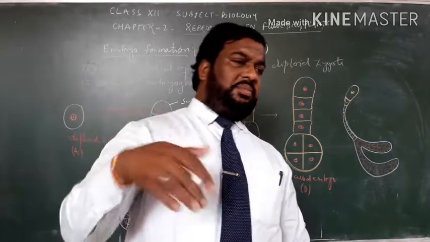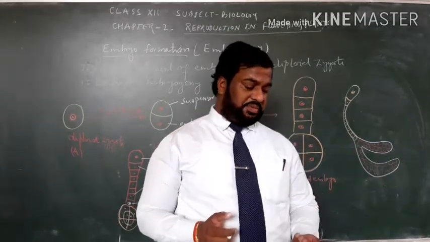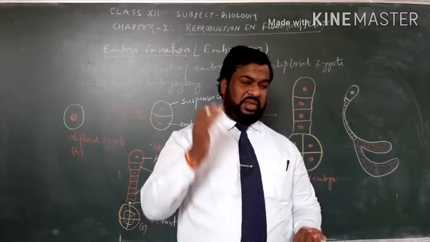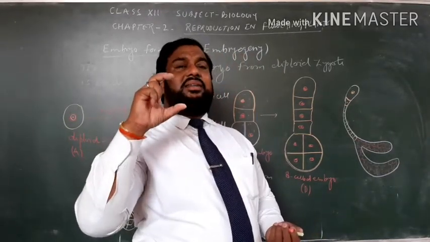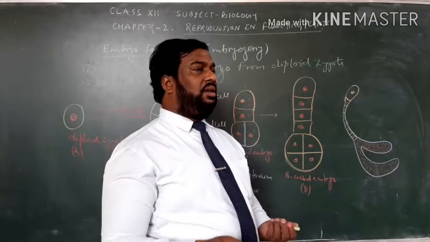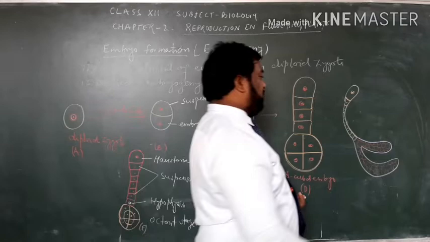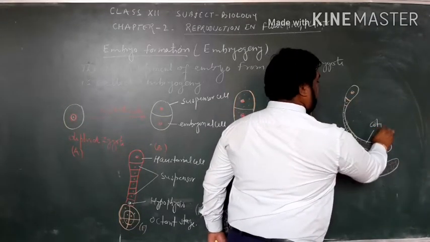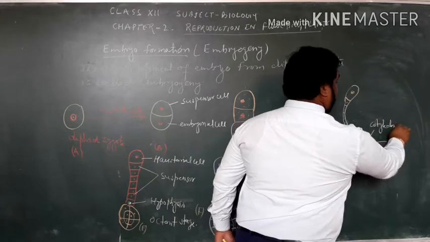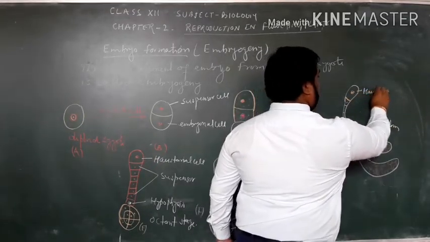After more and more development of the diploid embryo, it forms a heart-shaped structure. So this heart-shaped structure has two cotyledons. So you have seen these are cotyledons. This is the haustorium.